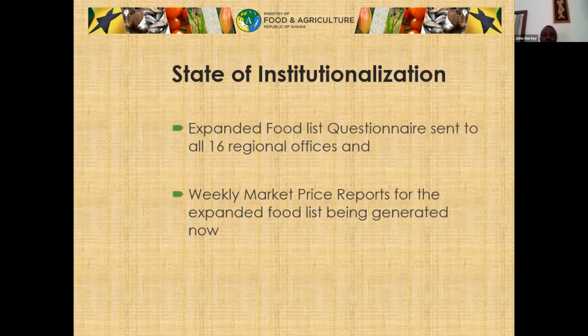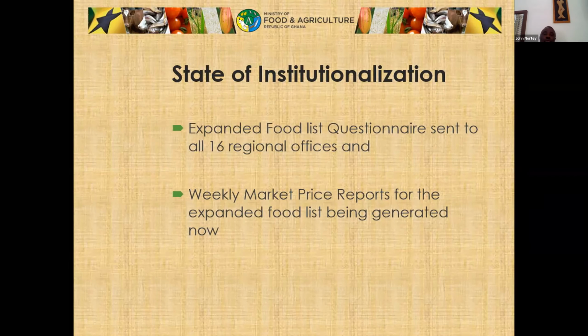Now, after we came out with the results together with IANDA, they came out with some indicators. We needed to institutionalize what we did in the 7 markets. And most importantly, going nationwide with such institutionalization comes with a cost.